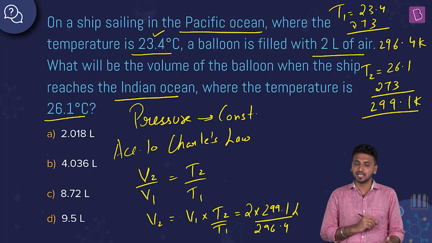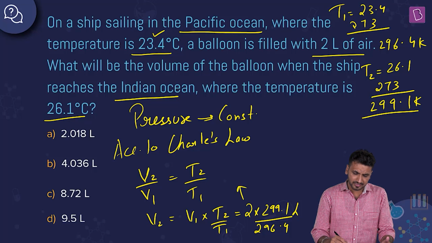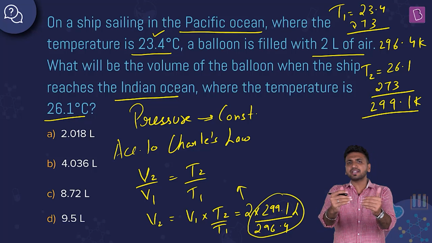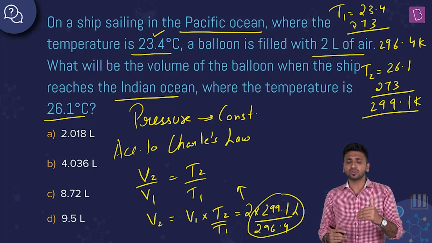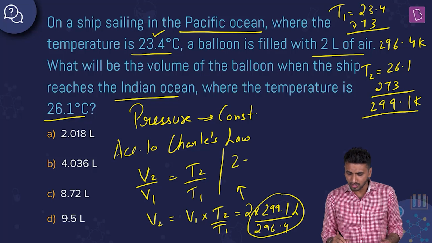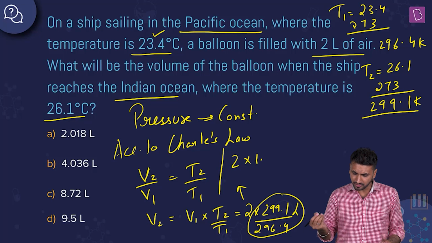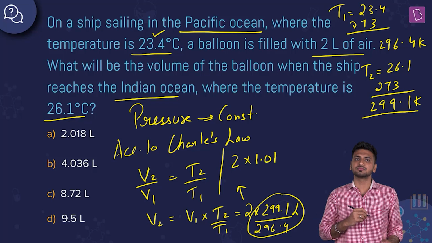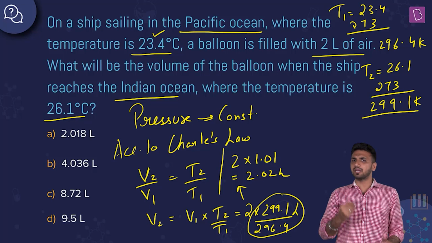If I solve this, observe that 299 divided by 296 is approximately 1.01. So if I multiply, 2.02 liters is going to be the approximate answer.